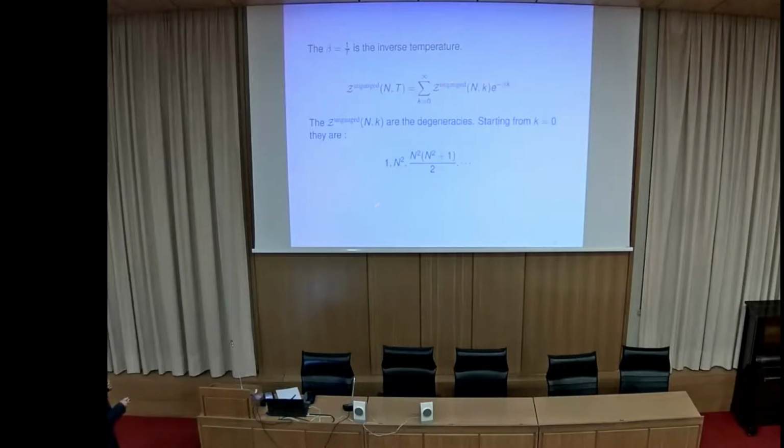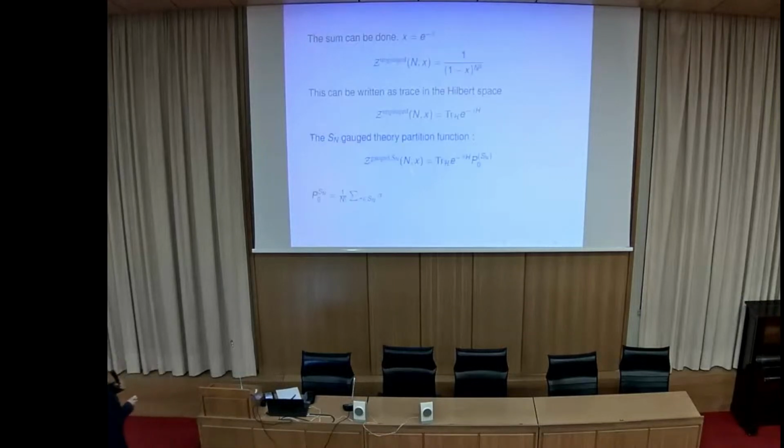At leading order is the ground state, there are n squared oscillators, and at quadratic order you symmetrize these n squared things, so you get this number. That gives a counting function in terms of x, e to the minus beta, with a very simple form, and that's simply the trace of e to the minus beta times the Hamiltonian over the Hilbert space, which is spanned by these oscillators.